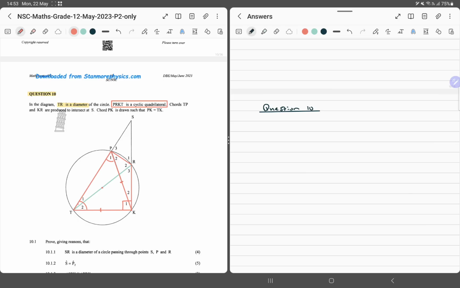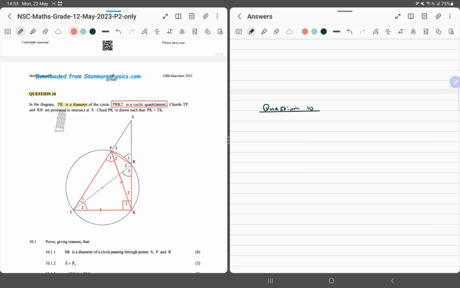But we also know that this angle is in the same segment as this one. So those are the angles in the same segment subtended by chord TR or arc TR. But we also know that this angle here, T1 plus T2, is also equal to angle R1.